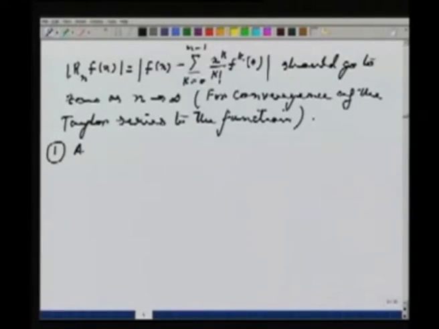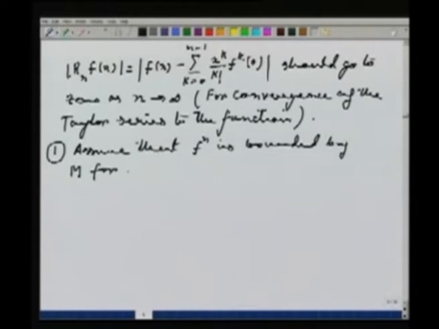So I will just write it here. Assume that f^(n), that is the nth derivative of f, is bounded by a number M for all n.